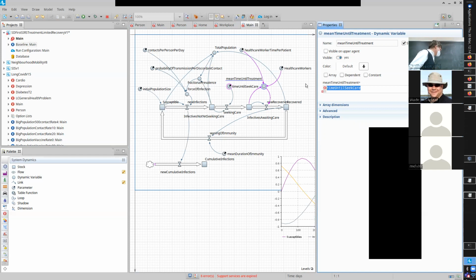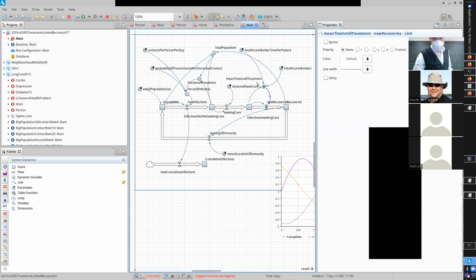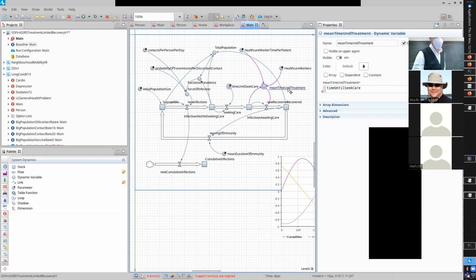So you have W people awaiting care, and each of them will need to be treated by a healthcare worker, right? So let's start reasoning this through in terms of the dimensions. We're going to be arriving at something here, which will be the mean time until treatment. What are the dimensions of that going to be?